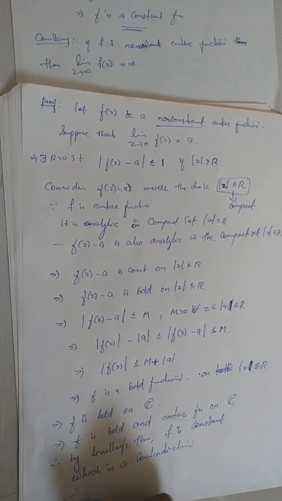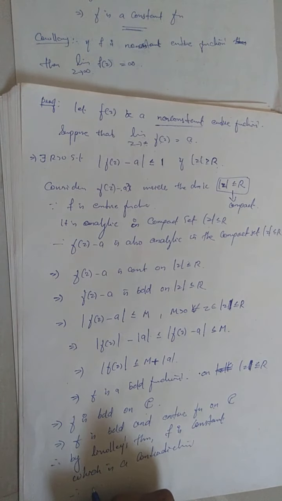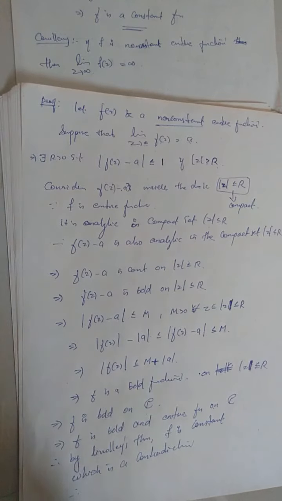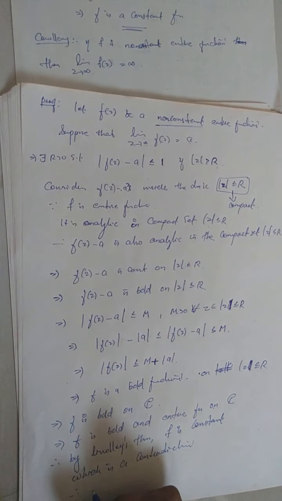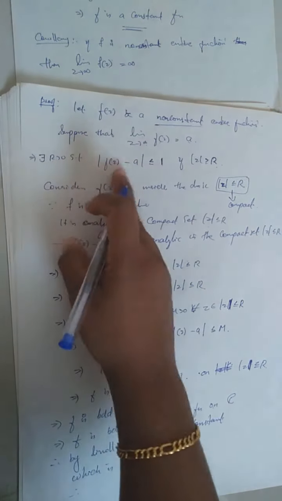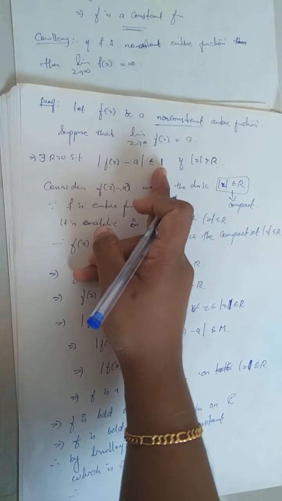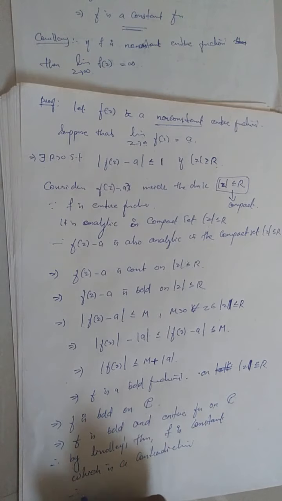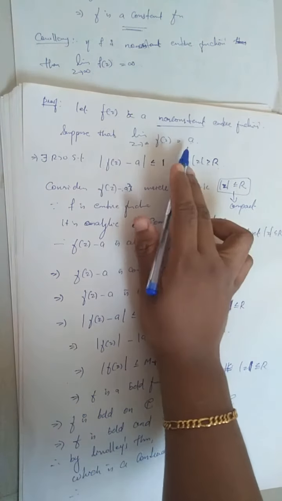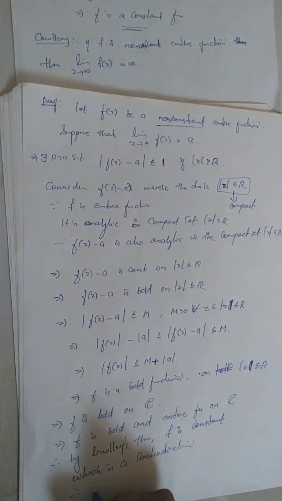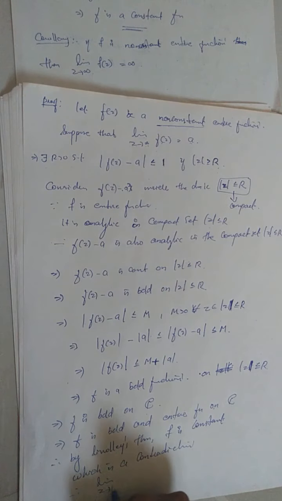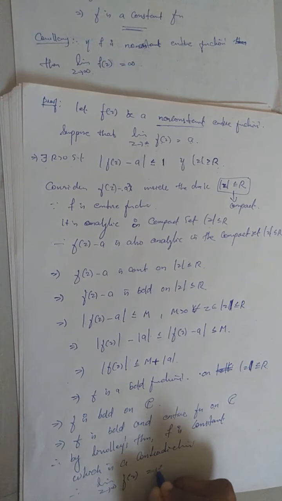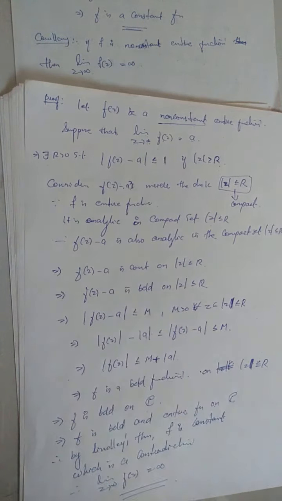Therefore, what happened? There exists no R such that this thing is less than any particular number. Therefore, this will always go to infinity. There is no number a with the required property. So, which implies limit z tends to infinity, f(z) always goes to infinity. Okay.